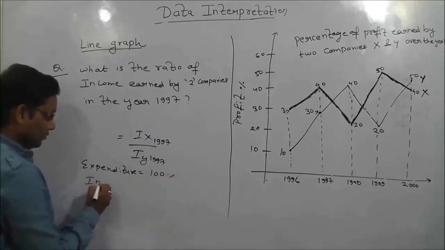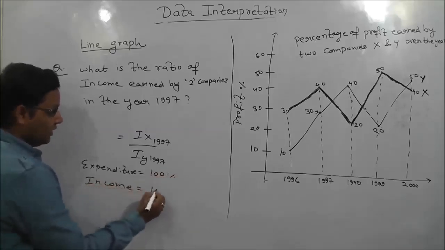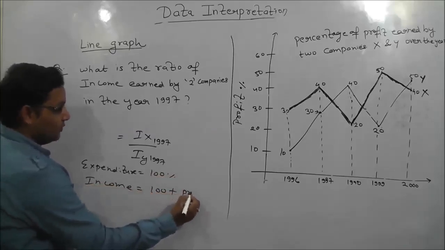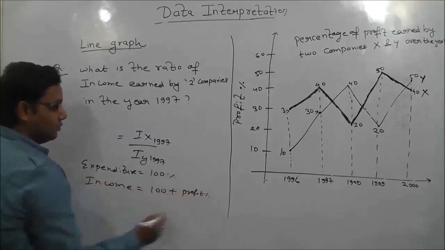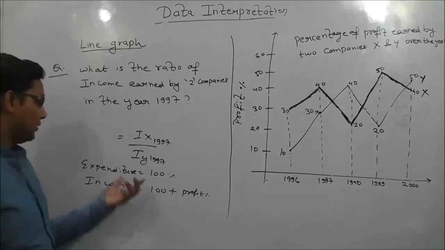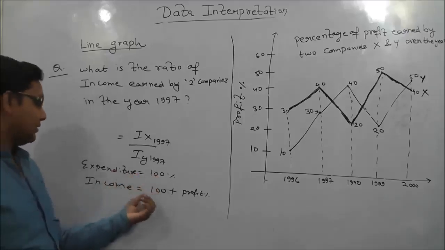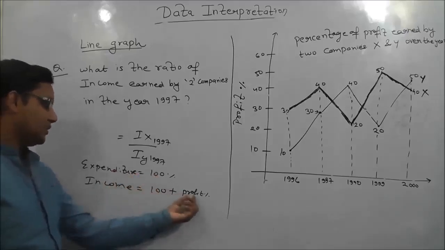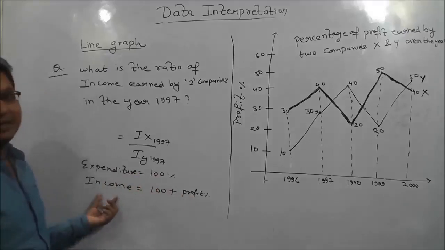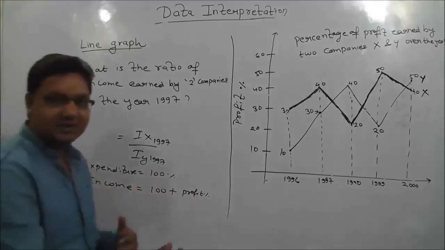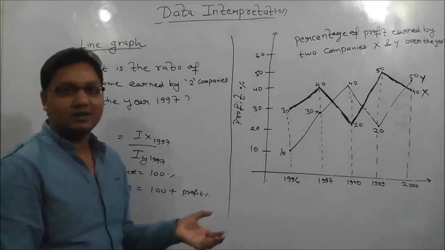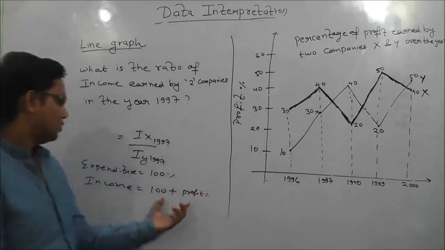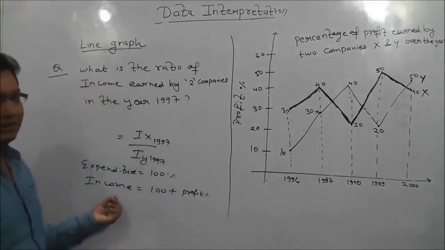And income will be 100 plus profit percent, because expenditure plus profit gives us the income. How much we are spending is the expenditure, and how much profit we are getting is the profit percent. If we combine these, we get the income.